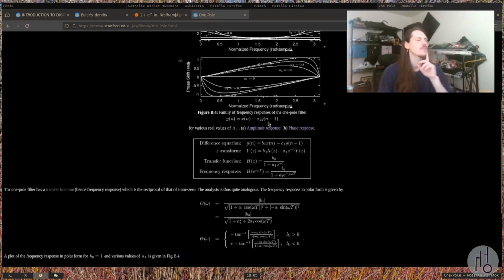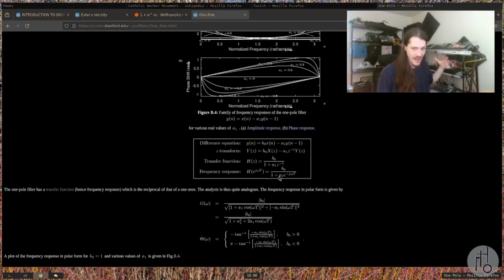We can see that Julius gives us some other information here, and he puts it in this nice little box. This is all you need to know about this filter. And in a lot of ways, this is all you need to know about this filter. So we get the difference equation, and this is how we would implement it in direct form, the way that we have, where we just evaluate this equation every frame. And then he gives us something that's called the Z transform.